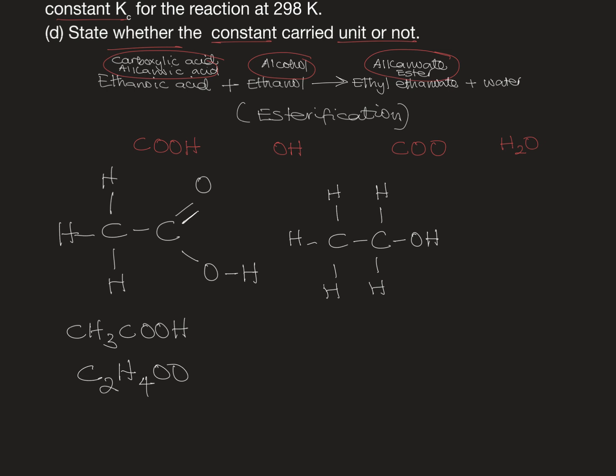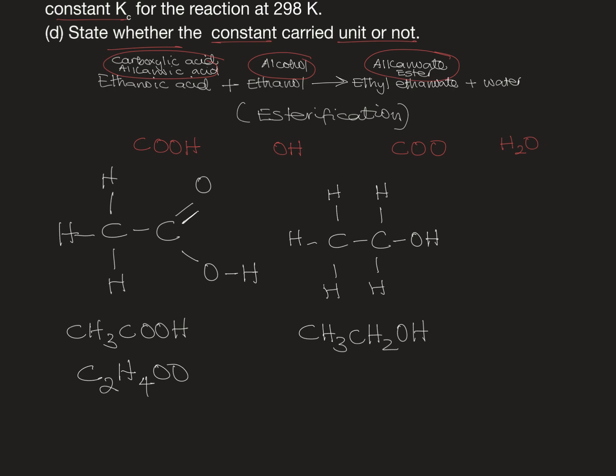So if we want to write the chemical formula, that will be CH3CH2OH. C surrounded by 3 hydrogens, then we have another C surrounded by 2 hydrogens, then attached we have the functional group OH.